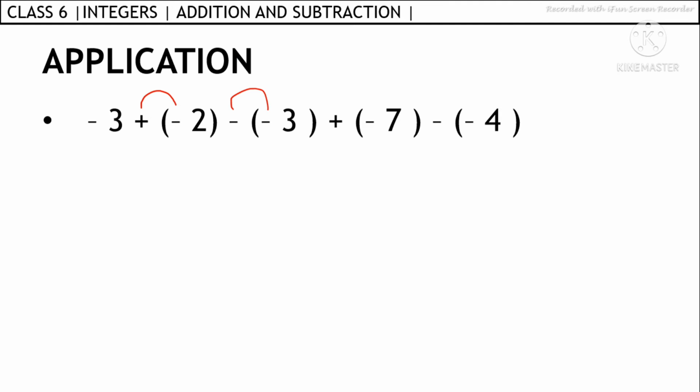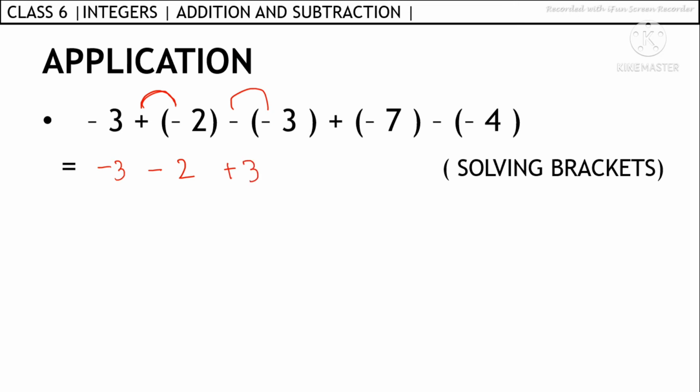Now see here, first step, solving the brackets. So let's solve it. We get minus 3 because there are no brackets here for minus 3. Next, minus 2 is inside the bracket. To open it, I have to multiply. That is solving the brackets. So plus into minus, minus 2; minus into minus, plus 3; plus into minus, minus 7; minus into minus, plus 4.